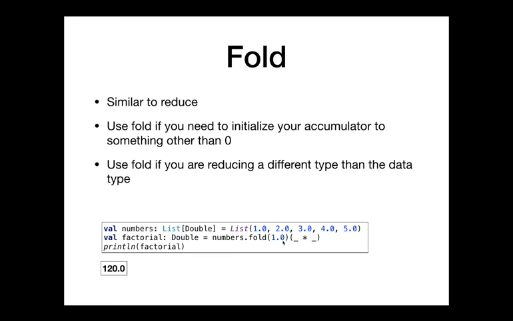So if you need to set some initial variable, fold is actually a method that's going to take the initial accumulator variable and return a function with that initialization baked into it. And then after that, it's almost the same as reduce.